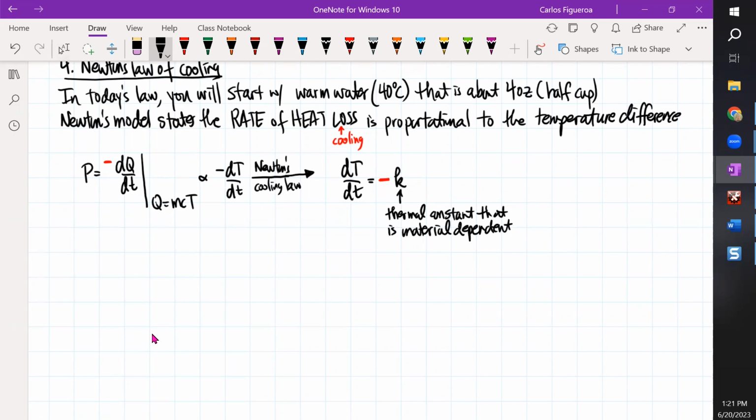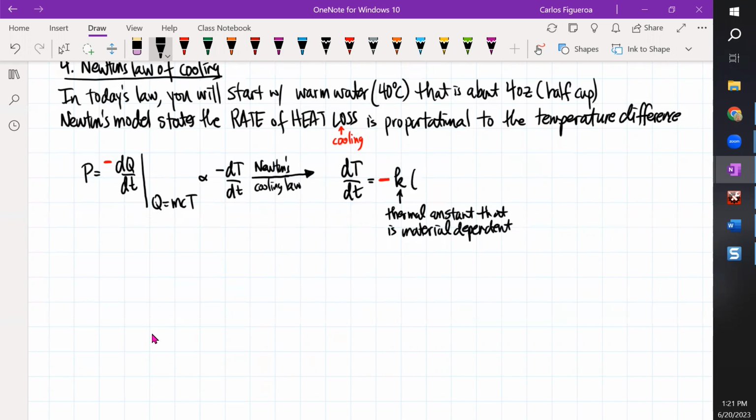It's a stretch to say it's got to have some amount of mass, so in each case, make sure that you use the same amount of water. If you start off with 4 ounces, stay with 4 ounces. If I have the same material, we would then say that the heat capacity would be the same. So it's a material dependent quantity.